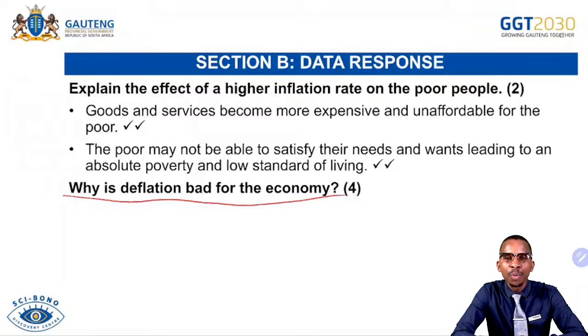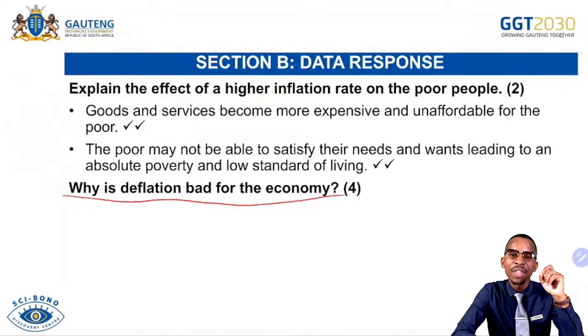You'll find that the input costs are very high, because labor costs remain high. If there is deflation, labor costs do not go down with prices, they remain high. So it will be difficult for firms to adjust wages and salaries downward. That is bad for the economy because businesses find themselves not benefiting.